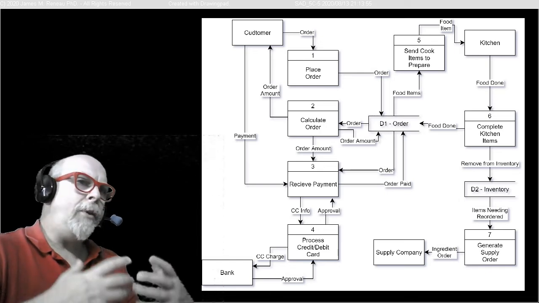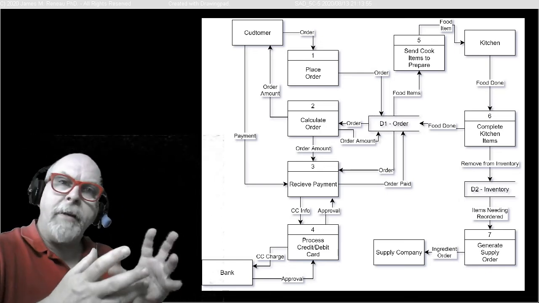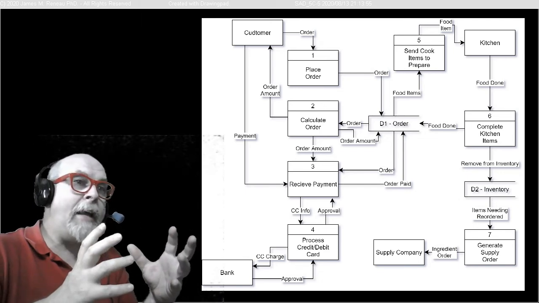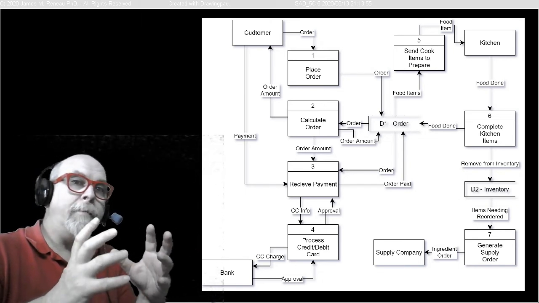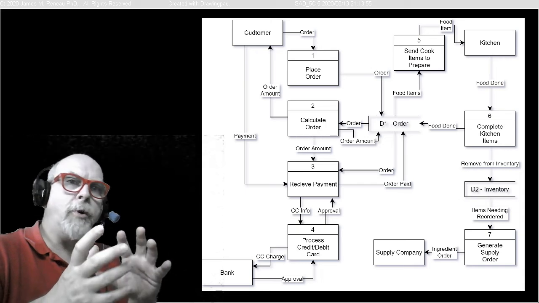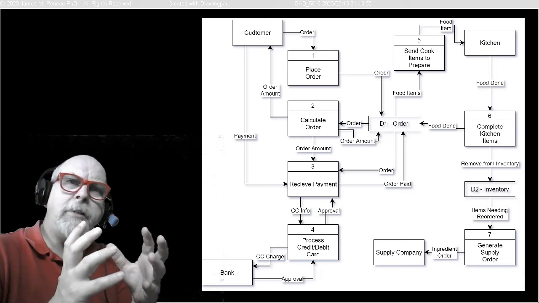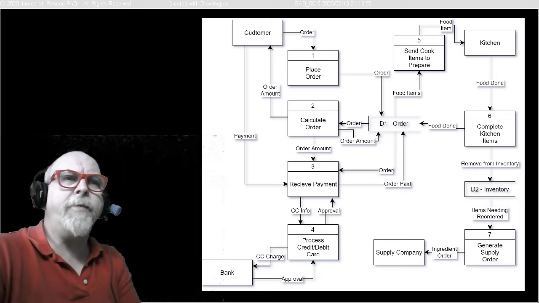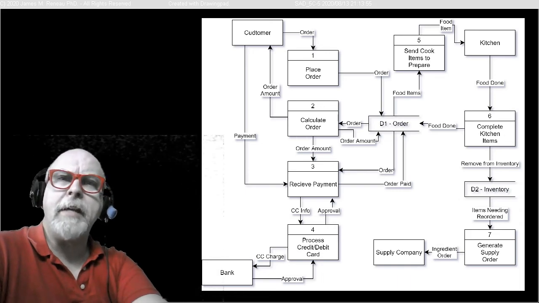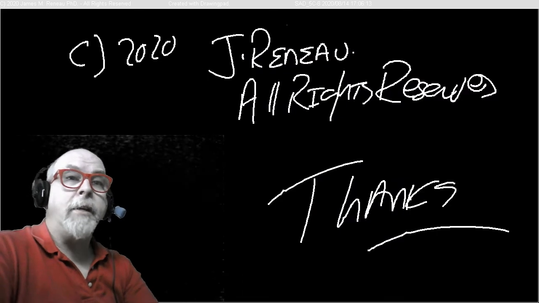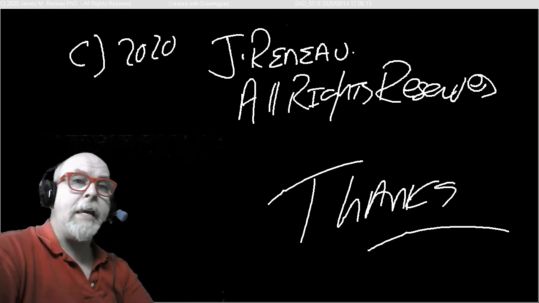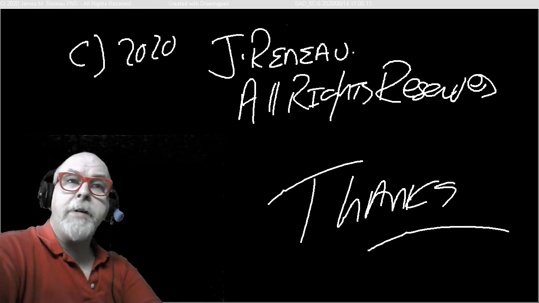So you can see how the fragments all came together into one level 0 diagram that shows the whole system and all of the data flowing and all the different places that the data could be stored. This concludes video 5C, level 0 diagrams.